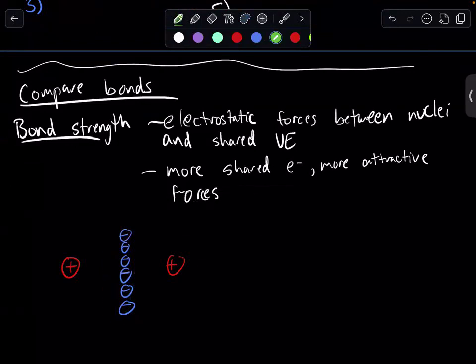And what we see is an attractive force between the nuclei and each electron. And we have quite a few attractive forces here because each nuclei is going to be pulling pretty equally on each of the 6 shared electrons.